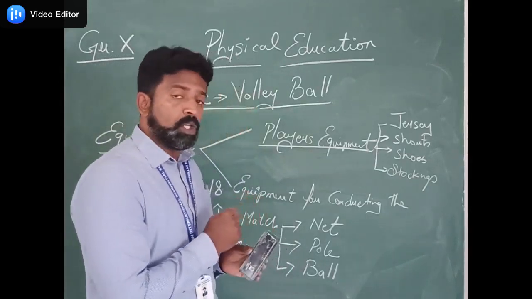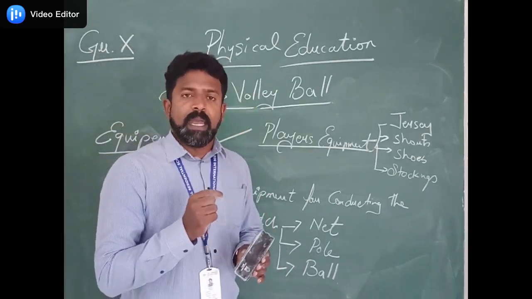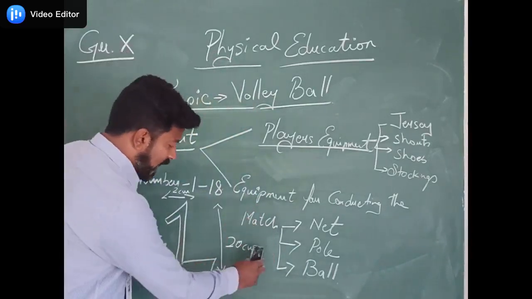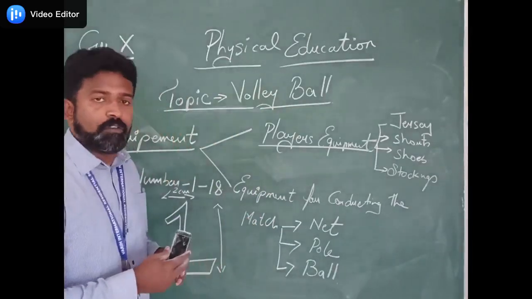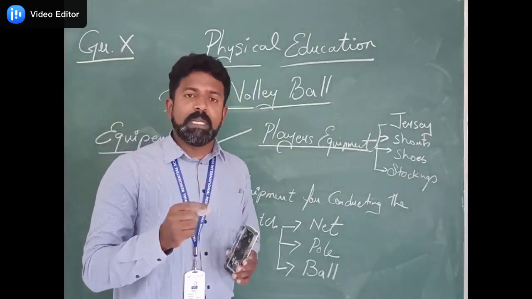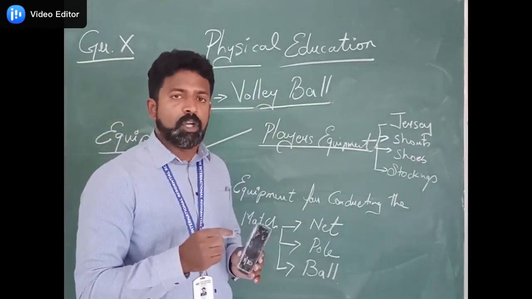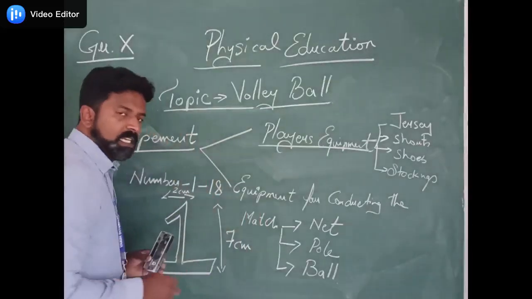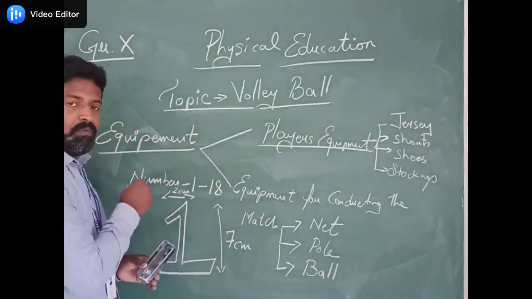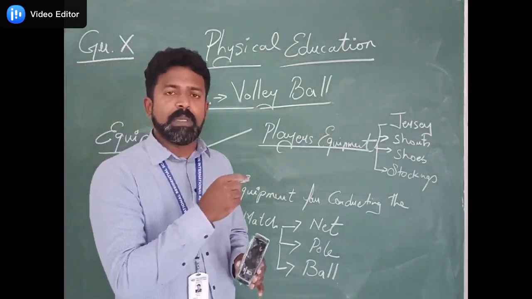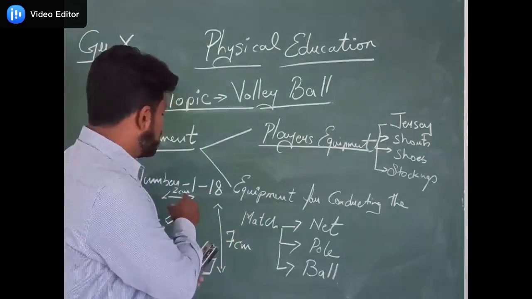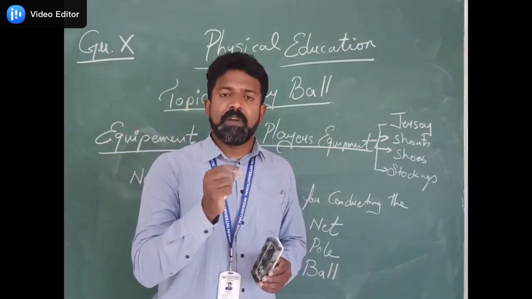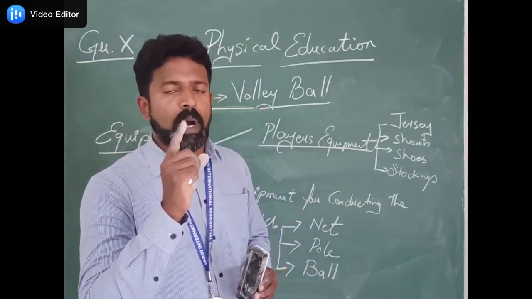Then the number should also be printed on the player's shorts. The length of the number printed on the shorts should be 7 centimeters, but the width remains the same. To make it very clear, each and every player will be allotted one number.